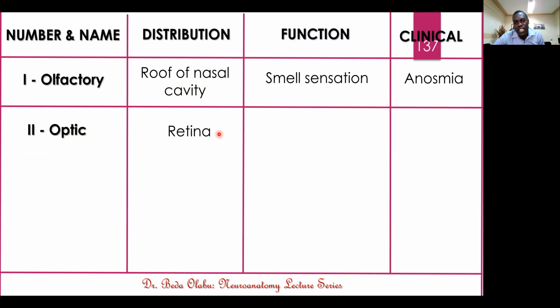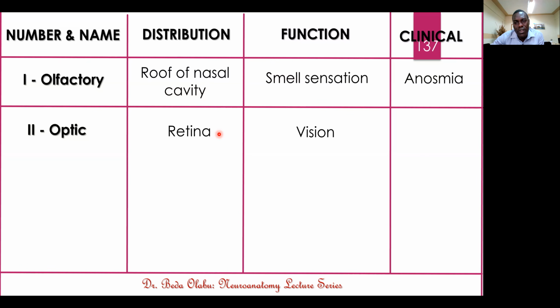The retina is the receptor for vision. Therefore, we can say that the optic nerve is important for vision. The optic nerve actually represents the second order sensory neurons in the pathway of vision.